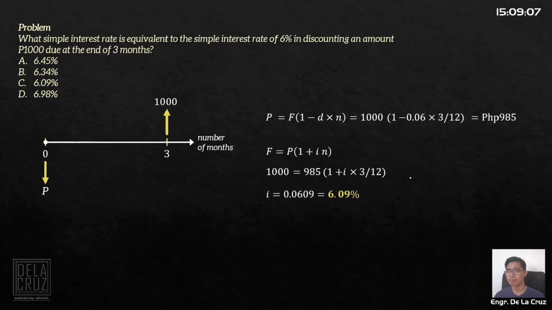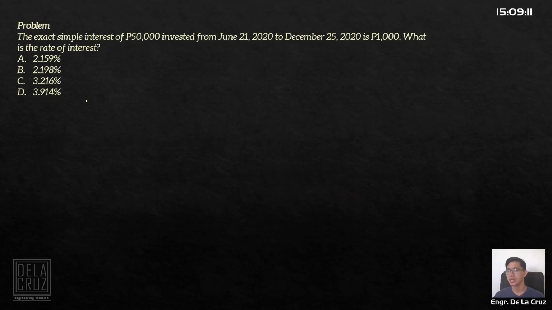Okay, next. The exact simple interest of 50,000 invested from June 21, 2020 to December 25, 2020 is 1,000 pesos. Exact simple interest. What is the rate of interest? Alright, notice the term exact simple interest.